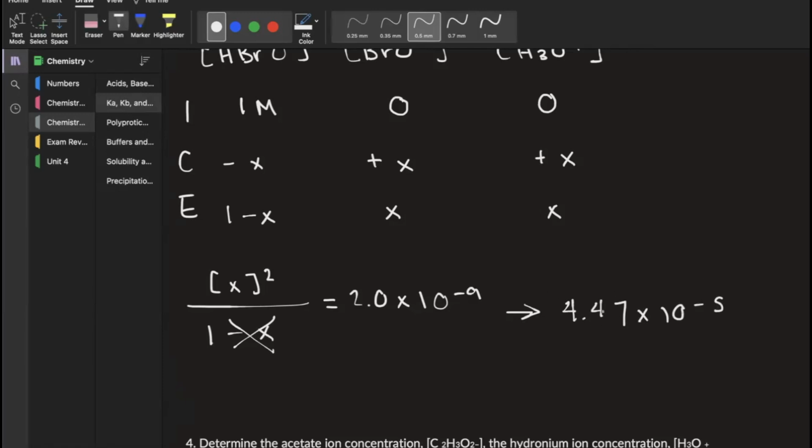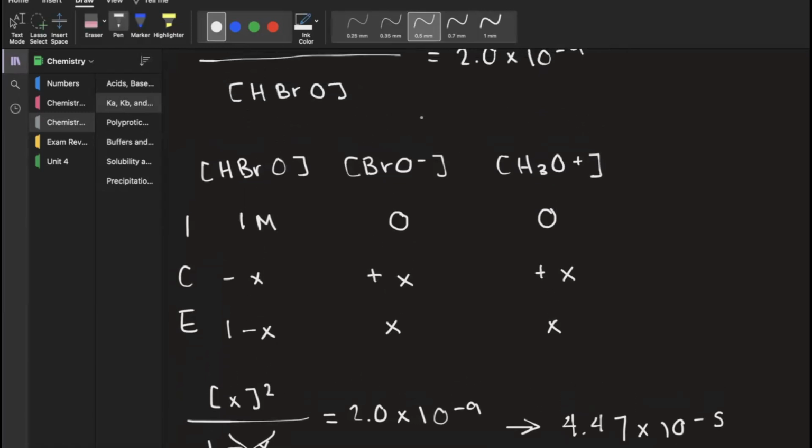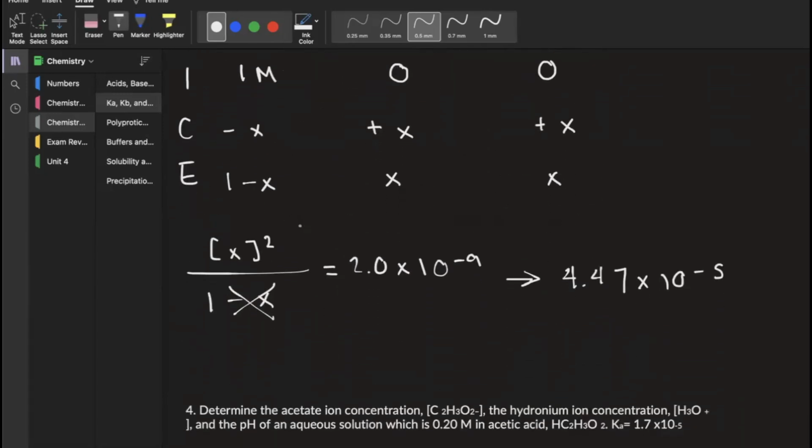This is the concentration of H3O plus and also the concentration of BrO minus. But what the problem is asking you for is calculating the pH. To find the pH, all we have to do is find the negative log of the H3O plus, which we already know is 4.47 times 10 to the negative fifth.